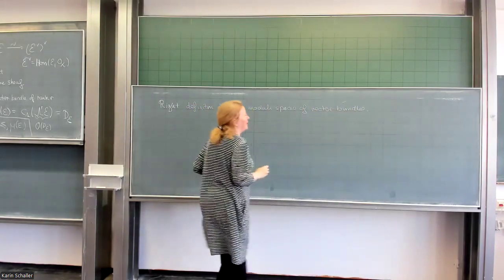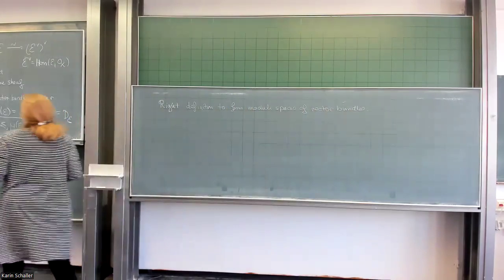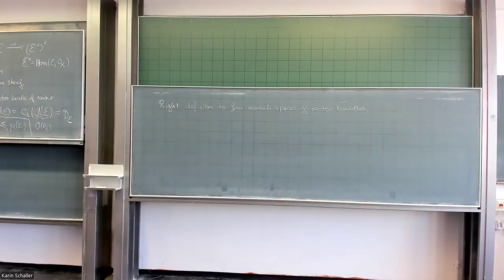In general, it can be just difficult to write down stable sheaves. So I give you an ample divisor and I tell you, can you please give me a stable sheaf for this divisor? This is sort of not so easy. And for example, it's also a difficult question to understand for which Chern classes there exist stable sheaves.